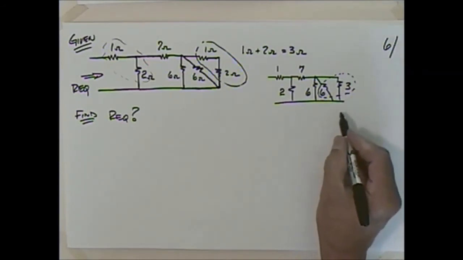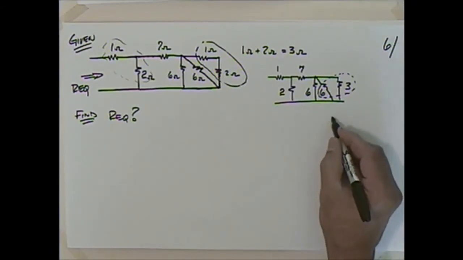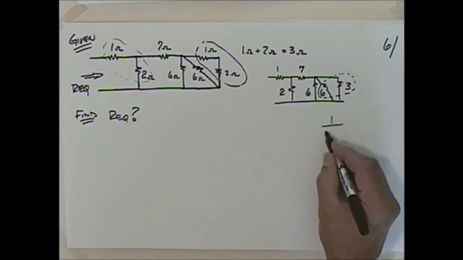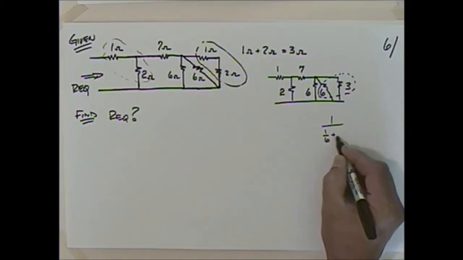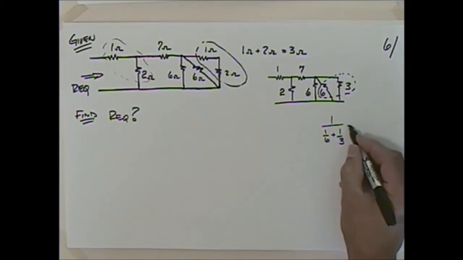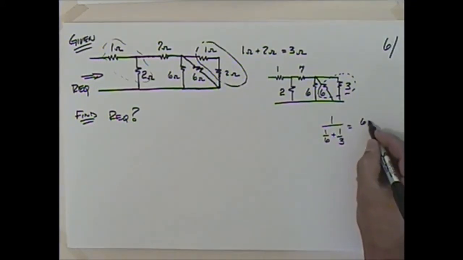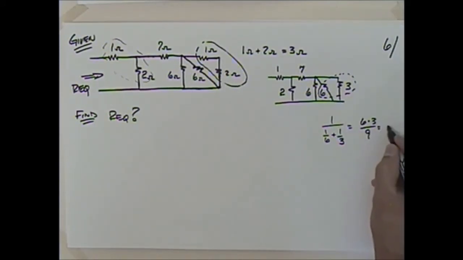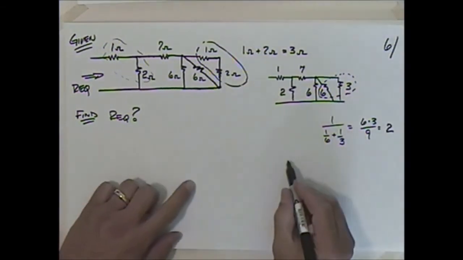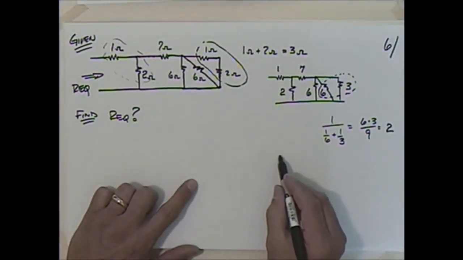So you could say, let's see, I have a 6 and a 3, so I have 1 over 6 plus 1 over 3, which would be the same as 6 times 3 over 6 plus 3, which is going to be 2, isn't it? 18 over 9 is 2. And then you could redraw this.